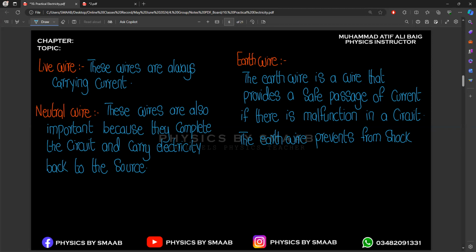If the value of the fuse is 3 ampere and the current passing through the circuit is 2.5, and the value starts to increase to around 2.7, 2.8, the earth wire will help protect the circuit and discharge the extra charges through the metal body of the container or any appliance. But if the value exceeds 3 ampere, then the fuse melts and your circuit will be completely closed, right?